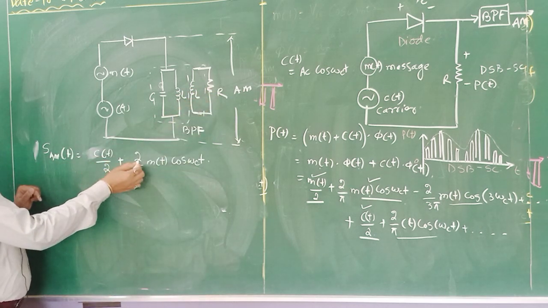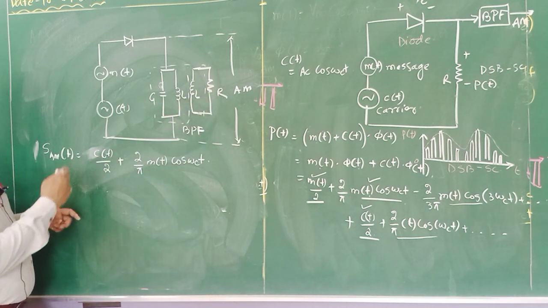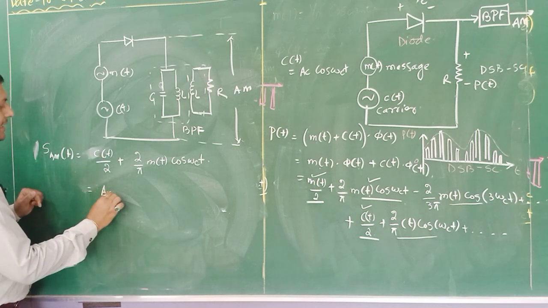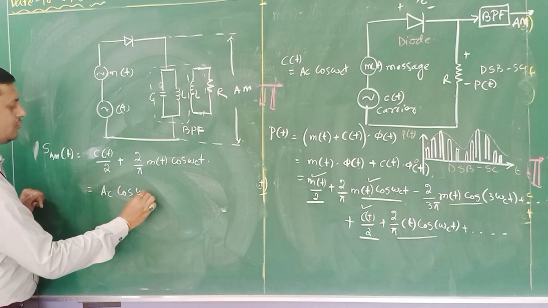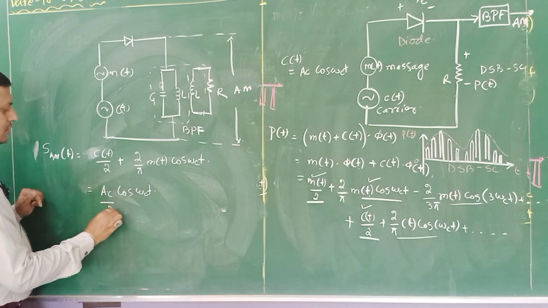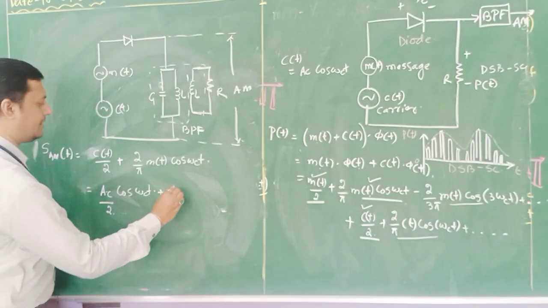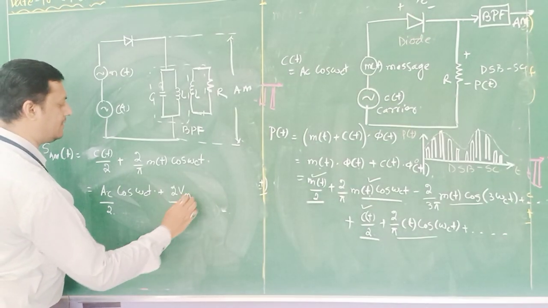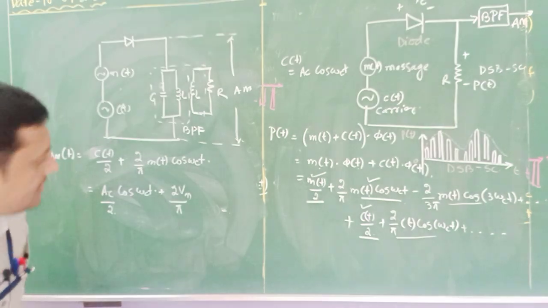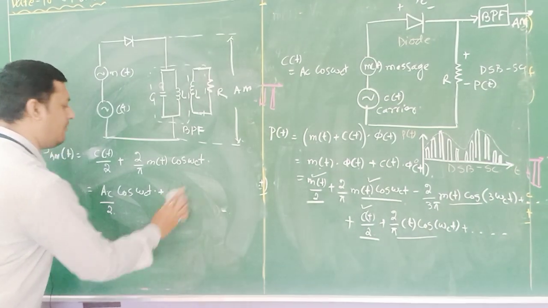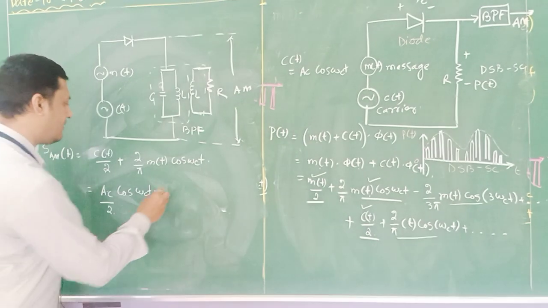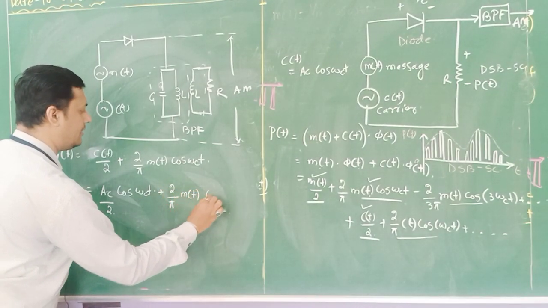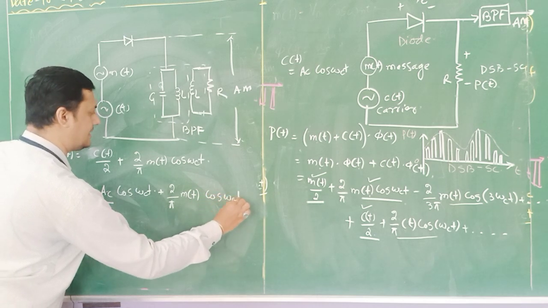Now the carrier component and this one we can analyze. In place of carrier, I will write AC cos omega Ct, AC by 2 plus 2 Vm divided by pi, or this one you can write 2 by pi M of t cos omega Ct.